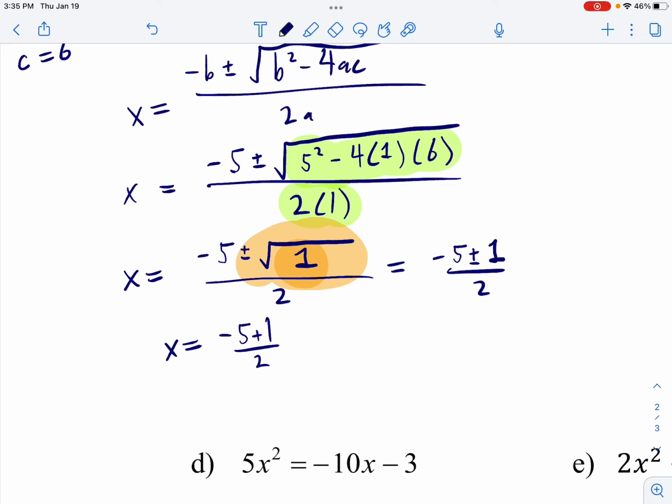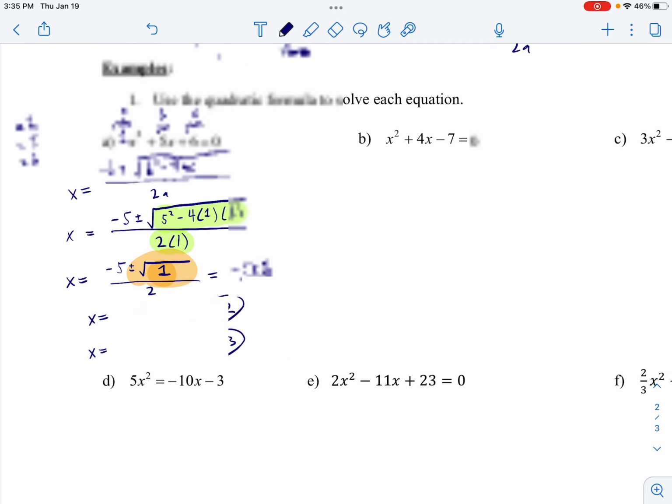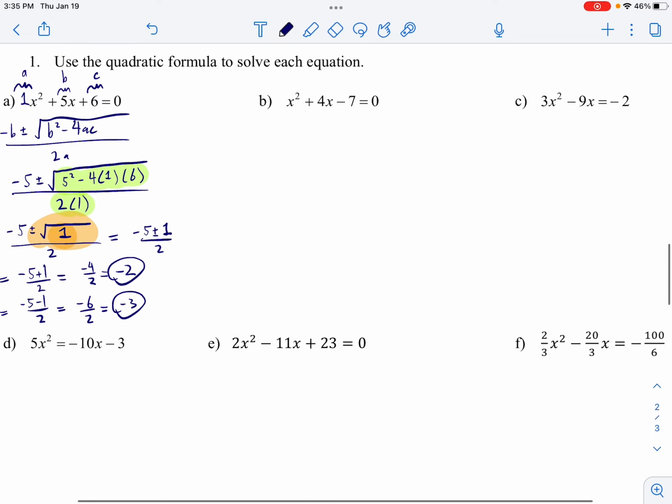All right, and the other solution is negative 5 minus 1 all over 2. And let's simplify these, okay? So that's negative 4 over 2 or negative 2, okay? This one on the bottom is negative 6 over 2 or negative 3, okay? So those are our two solutions, and that's all you do to use the quadratic formula, okay?